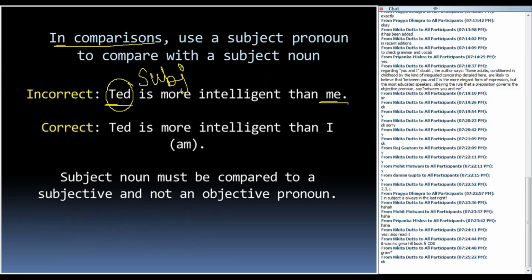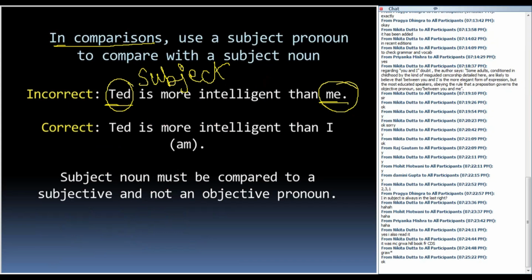So even though it may seem ridiculous, if the comparison is with a subject noun, then you cannot use an objective pronoun. For comparisons to maintain equity, whenever you are comparing a pronoun with a noun that is in the subject of the sentence, then that pronoun also will have to be in the subjective case.